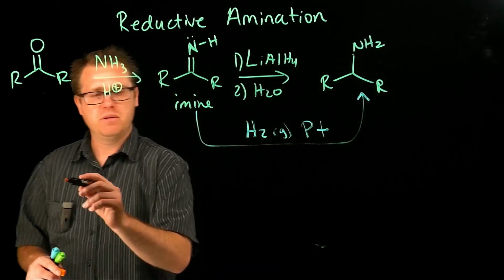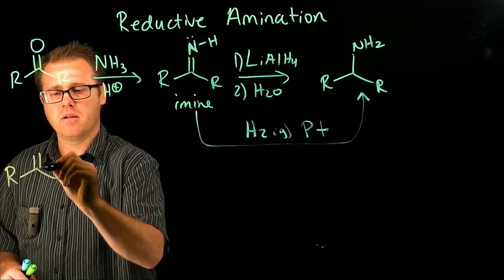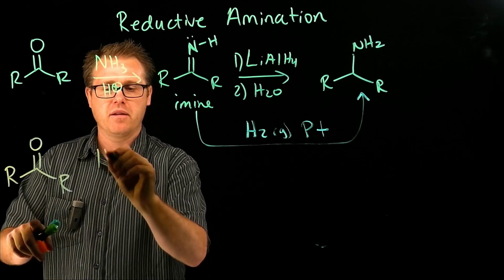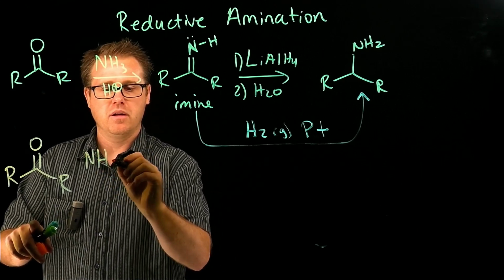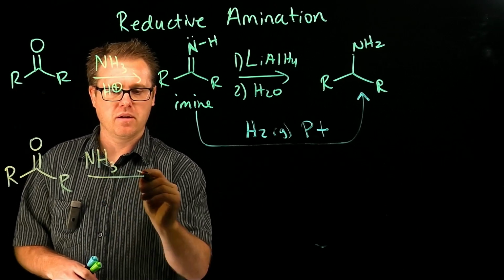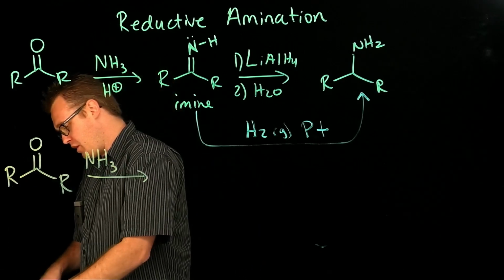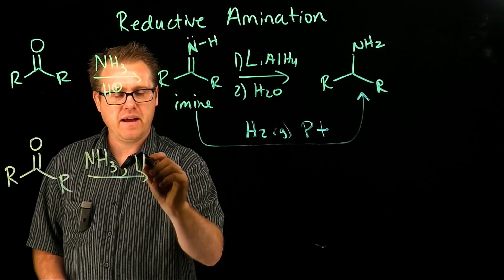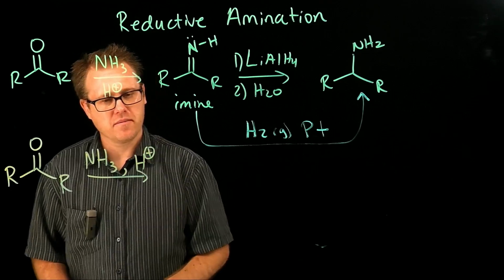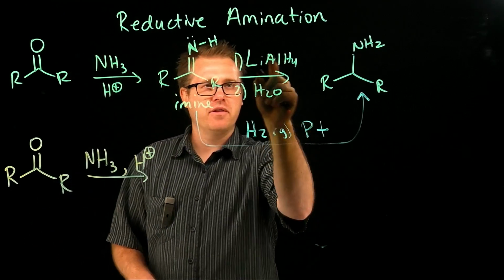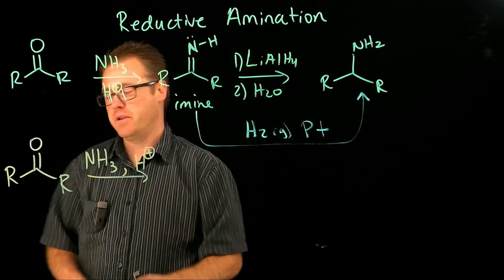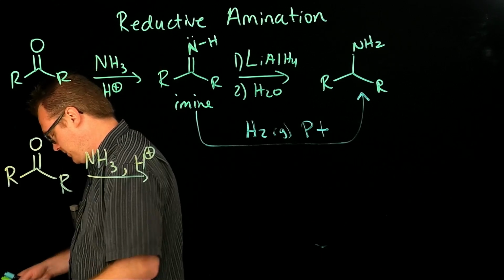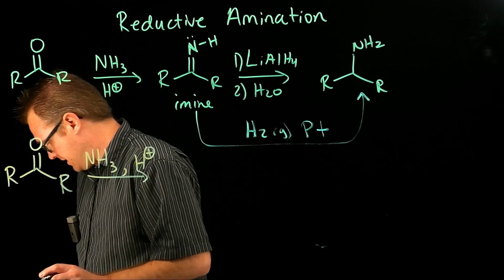And that's when you take an aldehyde or ketone, treat it with ammonia, and then you're going to throw into the mix a little bit of acid, and then you're going to have the reduction piece also in the reaction. And the one that we use looks like this.